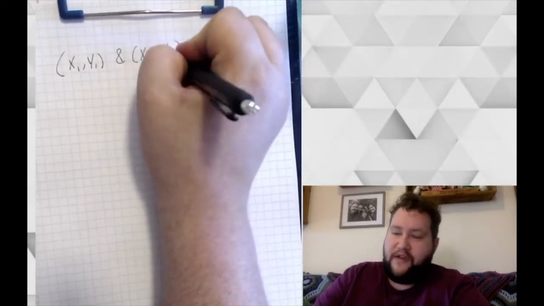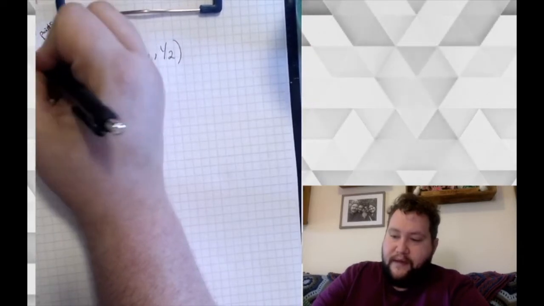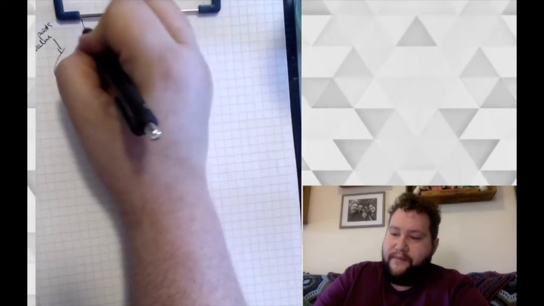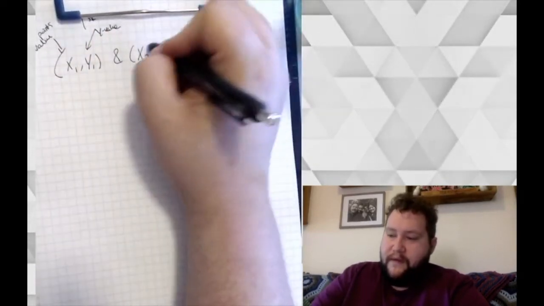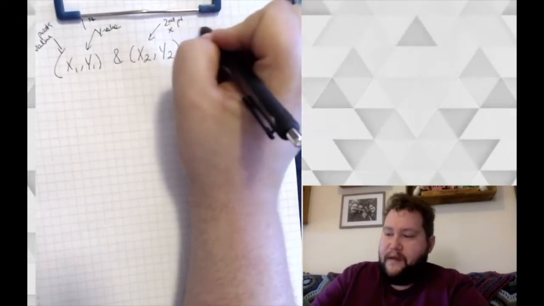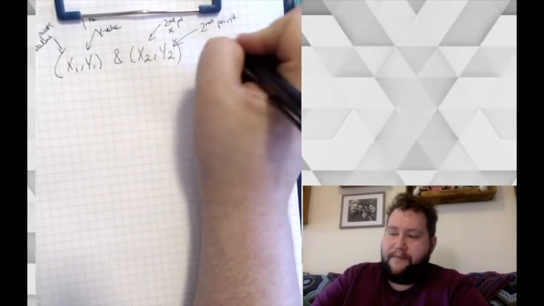So that's just our first point's x value and our first point's y value, second point x, and second point y.